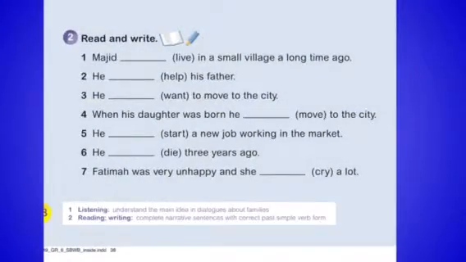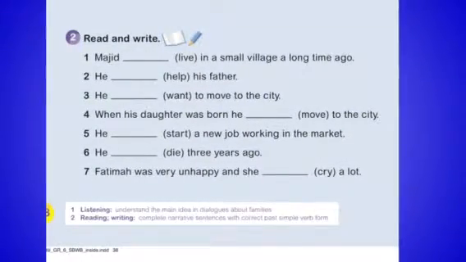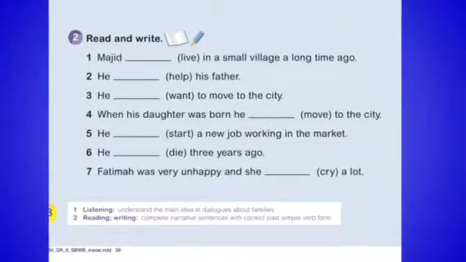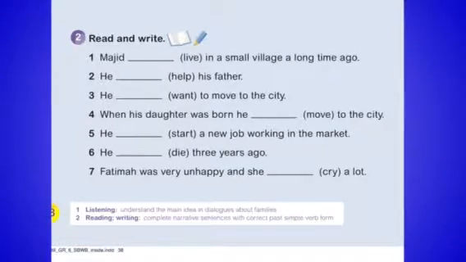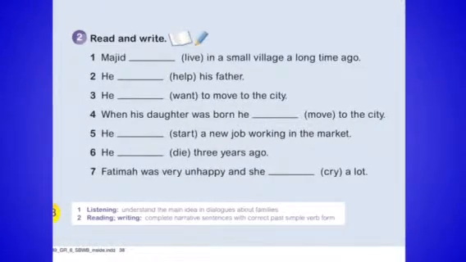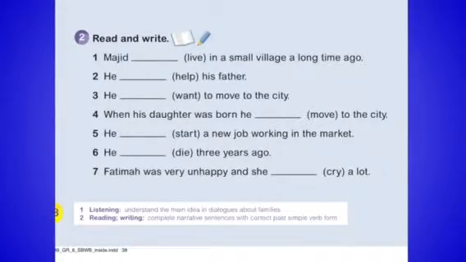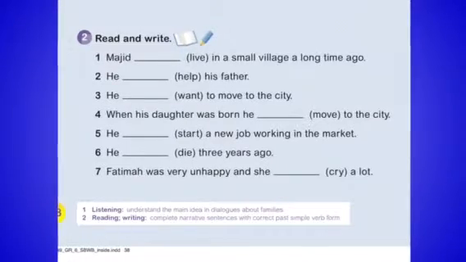Question number 2, read and write. Number 1, Majid lived in a small village a long time ago. Number 2, he helped his father. Number 3, he wanted to move to the city. Number 4, when his daughter was born, he moved to the city.